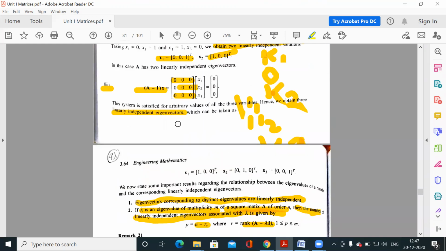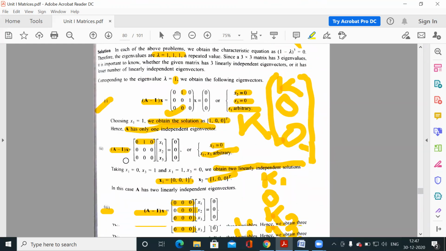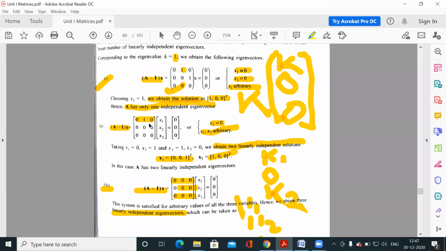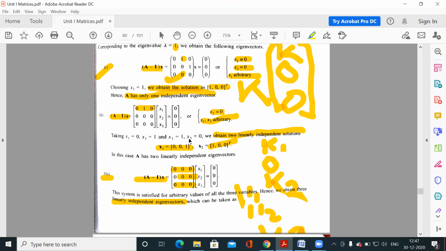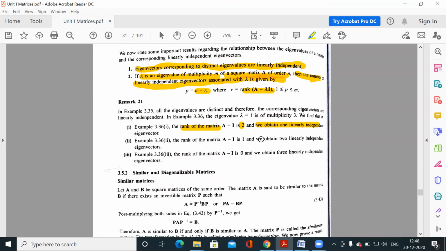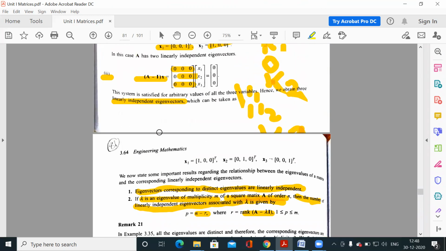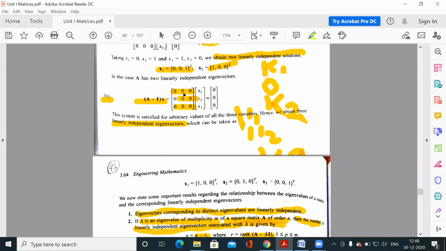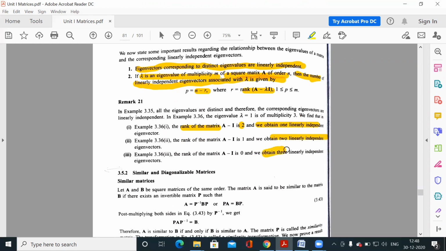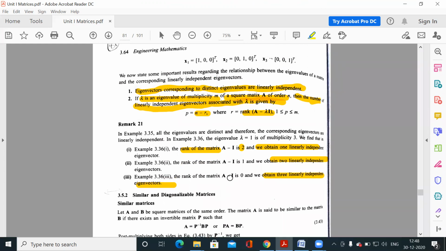Similarly for second, rank क्या है, 1, और वेरिएबल्स कितने, 3, सो 3 minus 1 यानी 2, सो 2 लीनियरली इंडिपेंडेंट आइगन वेक्टर्स हमें मिलेंगे। थर्ड केस में रैंक 0 है, सो 3 minus 0 इज 3, सो 3 इंडिपेंडेंट आइगन वेक्टर्स आपको मिलेंगे। क्लियर?